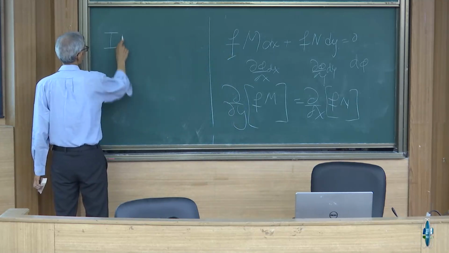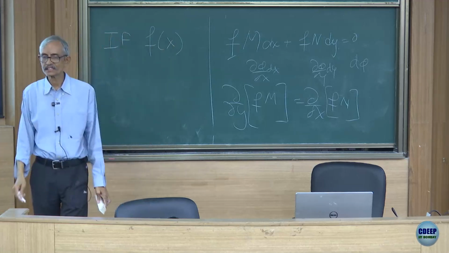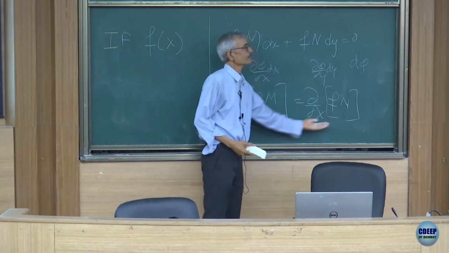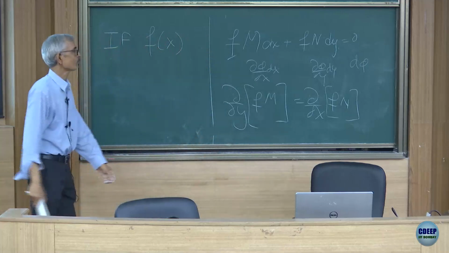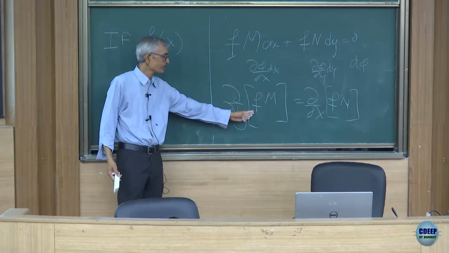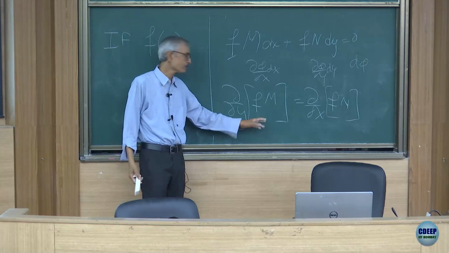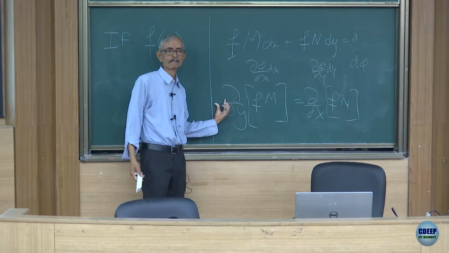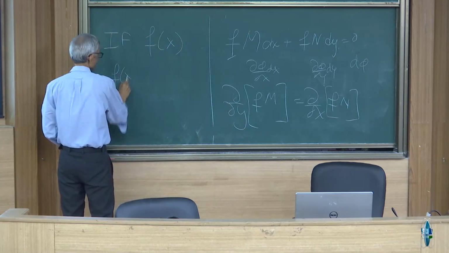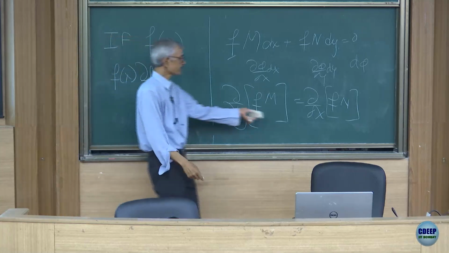So if f is a function of x only, then what happens to the first term here? What is del y of fM? If f is a function of x only, M is a function of x and y, then what happens to this function here? Can I pull this f outside? Yes, because f is a function of x only. So this is f(x) del M del y. So that's this term here.